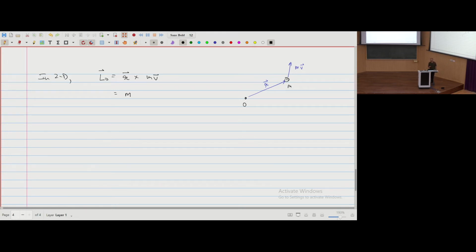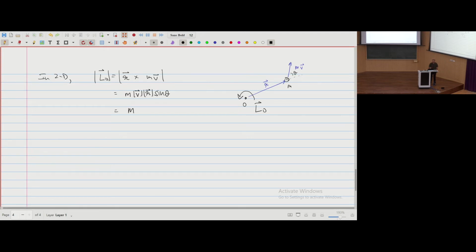So linear momentum mv and r are in a plane. So then L comes out to be outside the plane of motion. In this case, the sense of rotation is counterclockwise. That's the direction of L. Direction is clear, so we'll talk about the magnitudes for this 2D case.